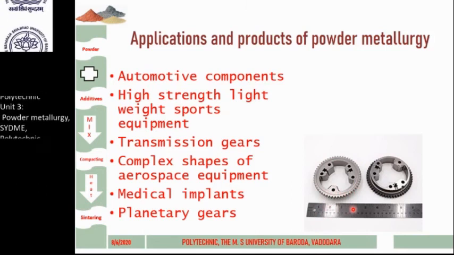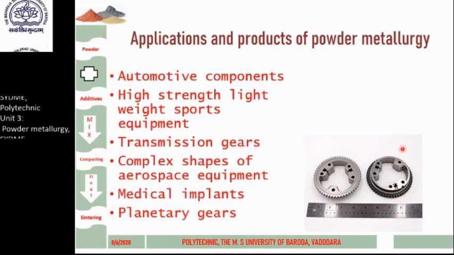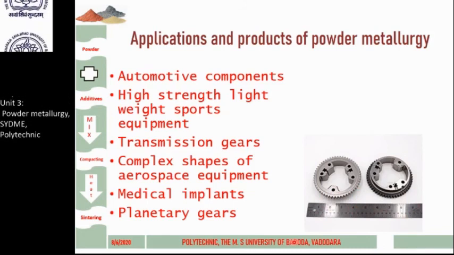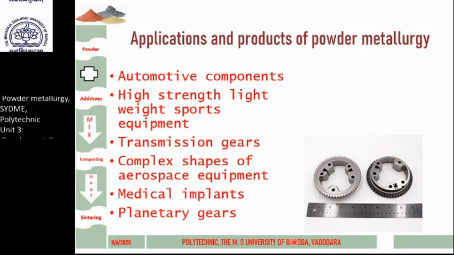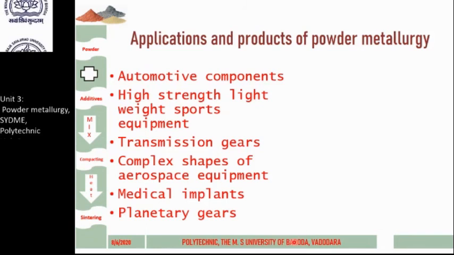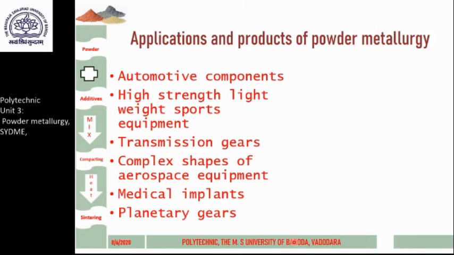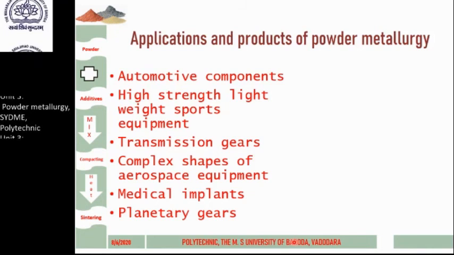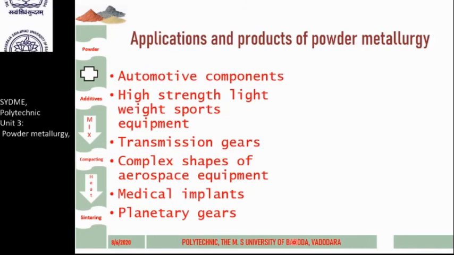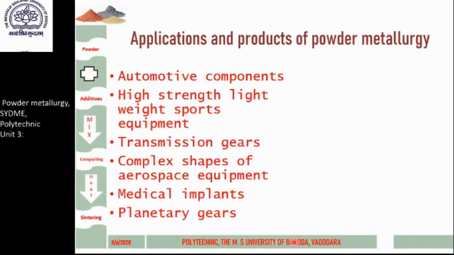There may be many defects and there will be a lot of finishing operations that we have to perform to complete this object. Okay, so this is about applications, the components or products that are manufactured by powder metallurgy in today's industry.